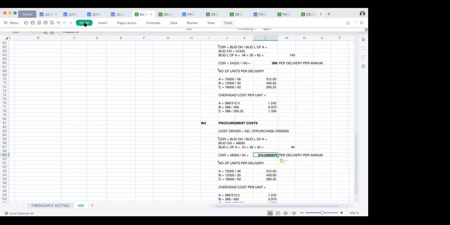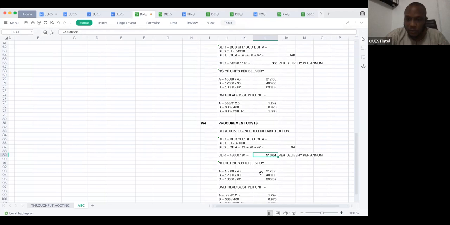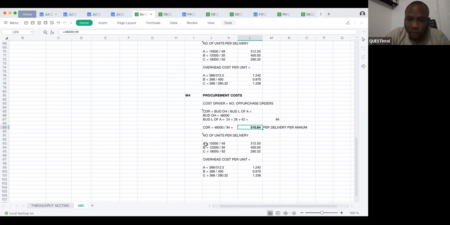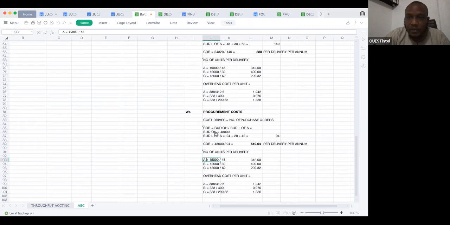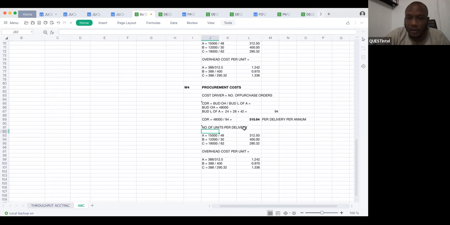Okay, so we can reduce how messy this one is. 510.64. And then we now come to our number of units per, we converted this one to delivery, right? So per number of units per purchase order.